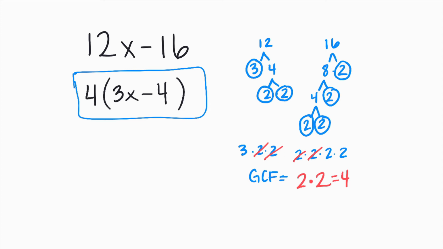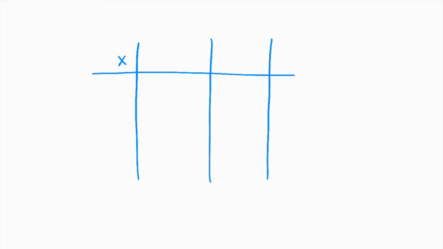Okay, that is all I have for you. I do want to note that if you are in one of my Math 6 classes, you do have a chart where it looks like we have x, and then we have 3 separate columns here.